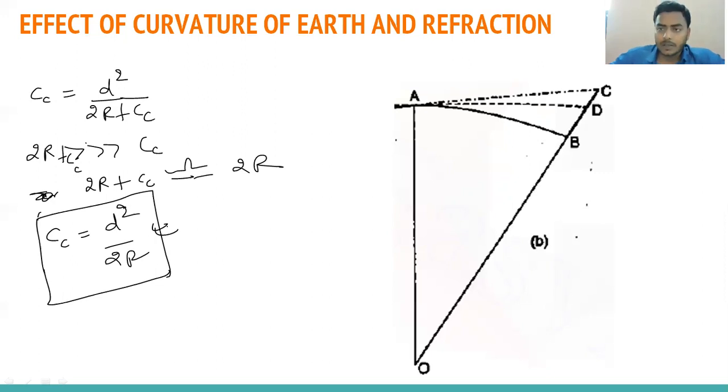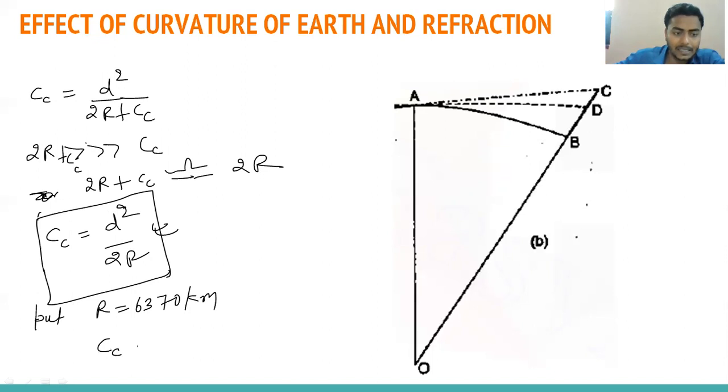This is the main equation or main formula to calculate the correction due to curvature, where CC is the correction due to curvature, D is the distance between A and B, and R is the radius of Earth. Once you put the value of D in kilometer and R in kilometer, CC will come in kilometer. So now put the value of R, which is 6370 kilometer.